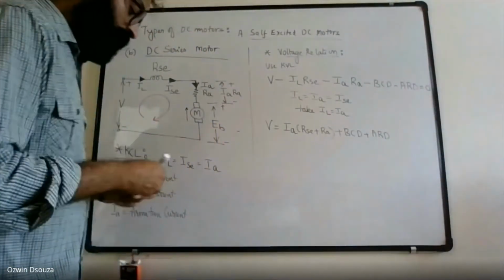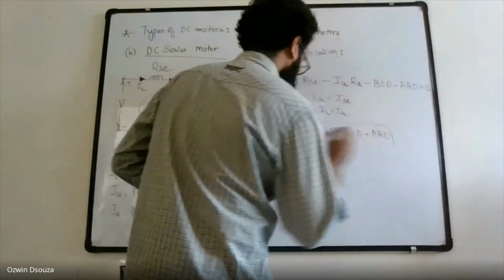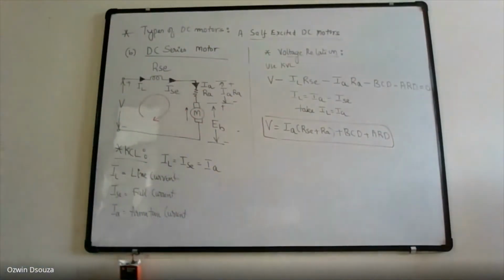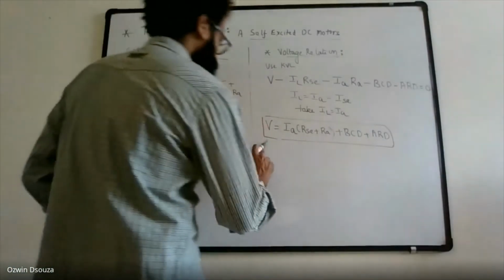So that is your voltage expression. Right. Pretty easy. You just have to apply KVL and KCL to write down the current relation as well as the voltage relation. Okay. Now, very, very important discussion.